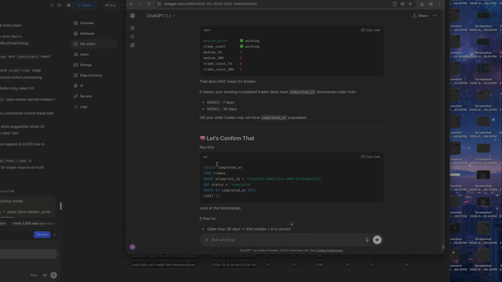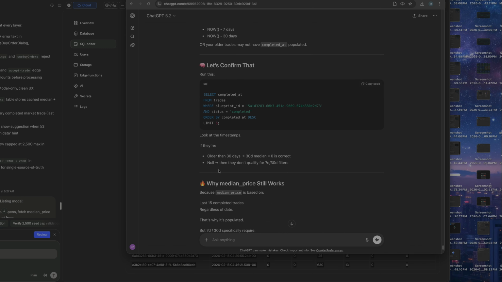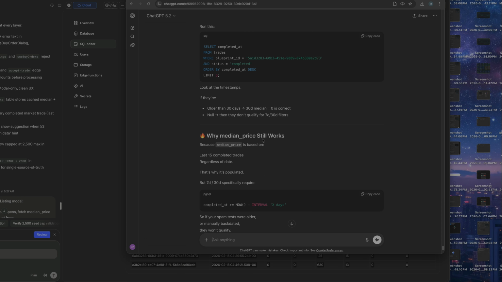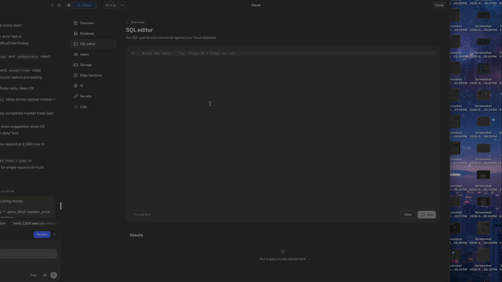Perfect, and don't panic, this is expected. Median price working. This does not mean it's broken. It means your existing completed trades likely have timestamps older than that. Your older trades may not have populated. Run this and look at the time spans, if they are older than 30 days. Why this still works? Okay, we'll run it. It wants me to run it, bro. No problem.